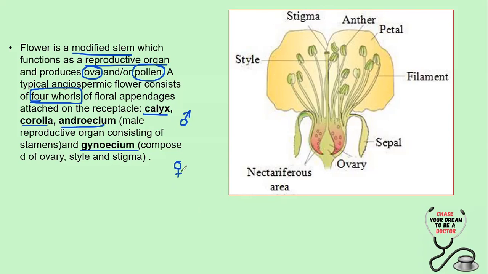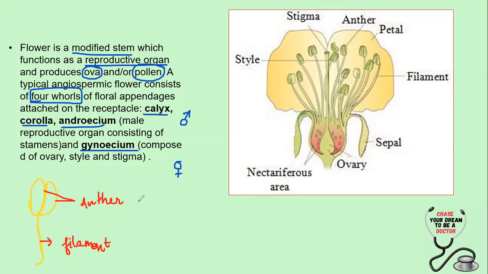Coming to the structure of the androecium, you will find a bilobed structure like this, and a slender, thin stalk-like structure as well. This bilobed structure you will call the anther, and the stalk-like structure you will call the filament. Clear? So that is the anther and the filament.